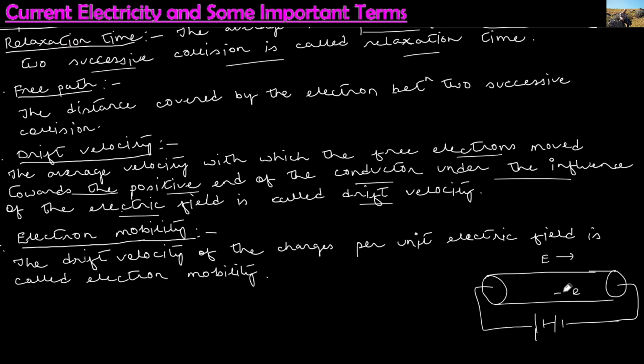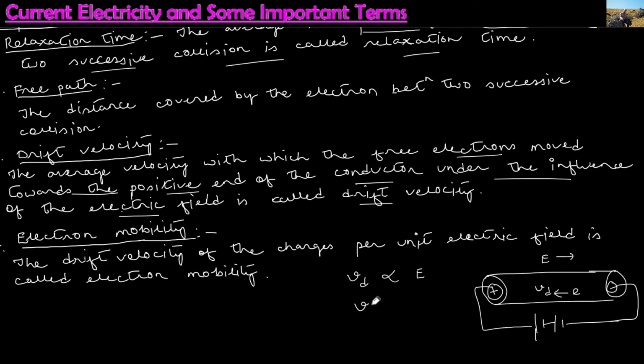All these electrons will be drifting towards the positive end of the wire with a certain drift velocity Vd. This drift velocity is directly proportional to the strength of the electric field. When the strength of the electric field is large, the drift velocity also will be large.